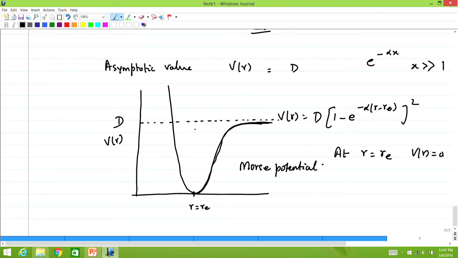in which the D is the dissociation energy from equilibrium.